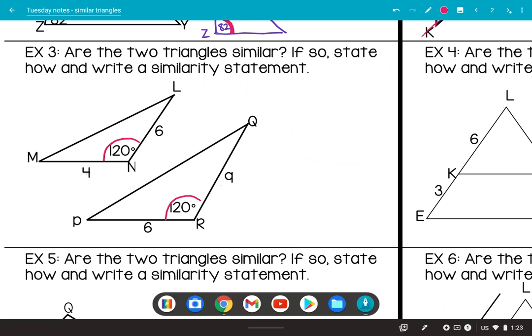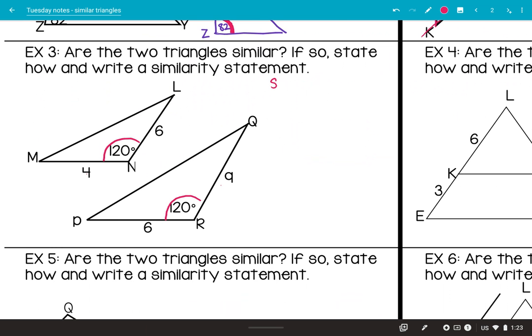Now, the way I like to do it is I like to go from small triangle to large triangle. You don't have to write this for everyone, but I like to have it in the notes. And what this means is that the top number of all of our fractions all have to be from the small triangle, and everything on the denominator, or on the bottom of the fraction, has to be from the large triangle.